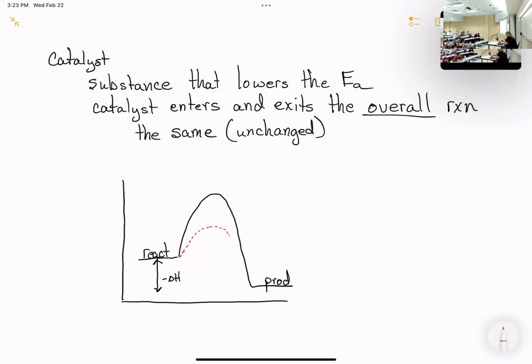That alternative path simply is going to have a lower energy of activation. Now, in this particular case, this is a one-step alternative path, because we only have one energy of activation hump, if you will.